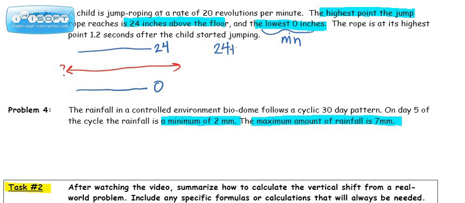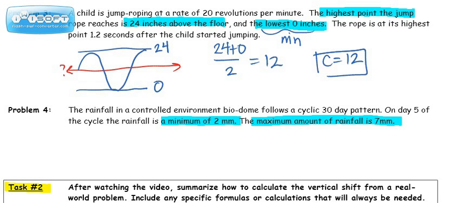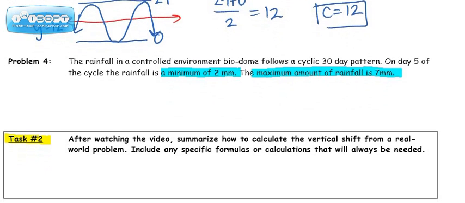So 24 plus 0 divided by 2, which is going to equal 12. So my vertical shift would be 12. So my entire graph is going to oscillate around y equals 12. So once you have this, pause the video, copy this down, read problem 4, and come back when you're ready.